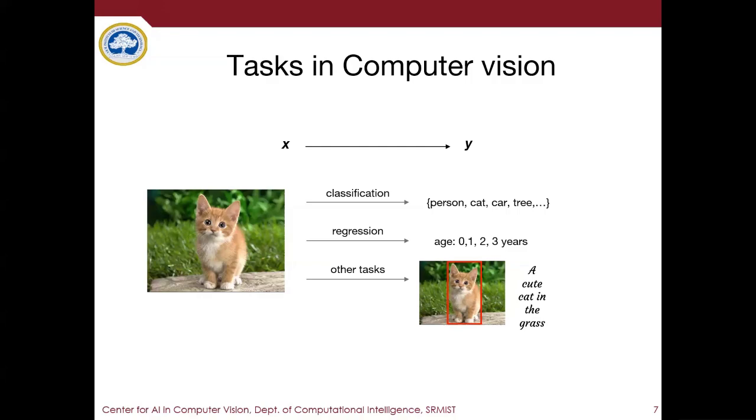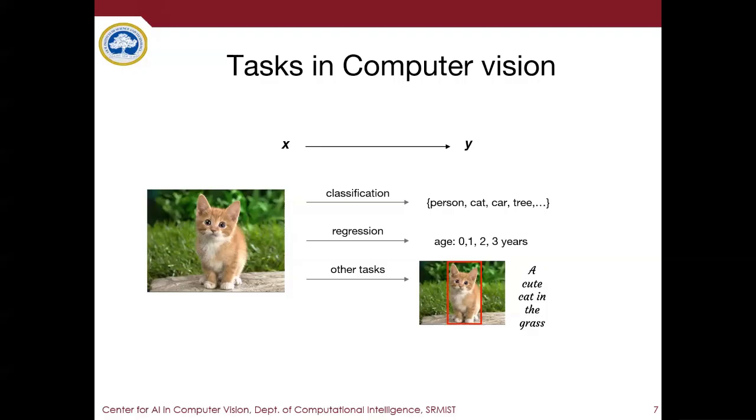And there are different computer vision tasks. Classification: what is image classification? You are classifying what you have in the image. So out of person, car, tree, what is that particular image?